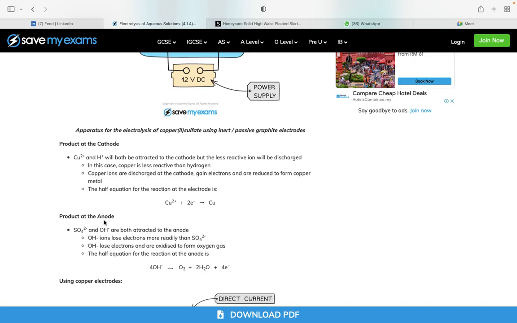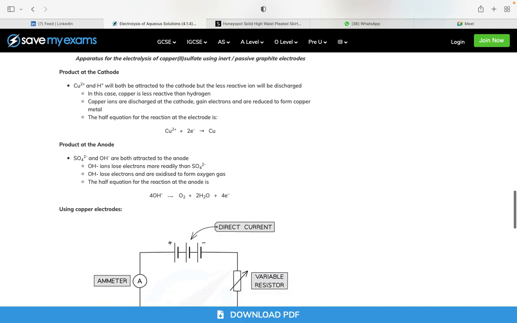Now let's take a look at the product at the anode. The sulfate ion and the OH ion are both attracted to the anode, but remember we said it is the OH that will migrate to the anode.